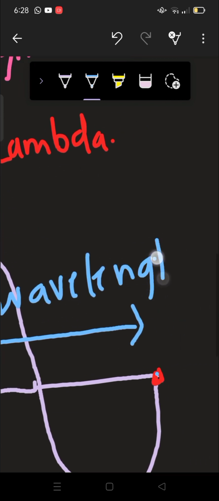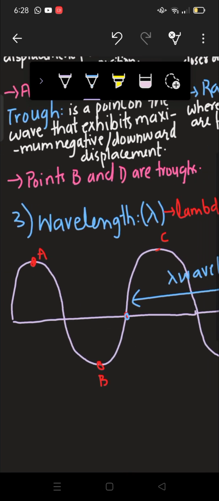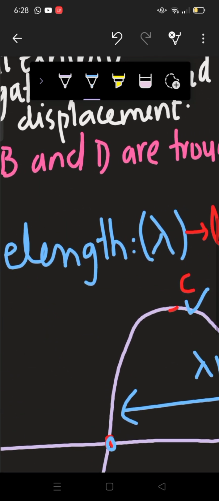This is the wavelength. It is the distance from crust to crust, or from trough to trough. Let me write this as well. It is the distance from crust to crust, or it can be the distance from trough to trough. As you can see here, this is the crust of one wave, this is the crust of another wave.